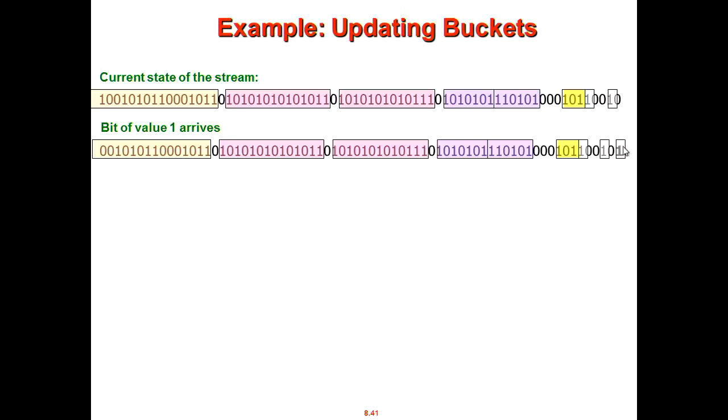But if you create a new bucket, you can see that there are 3 buckets containing only 1, right? According to this algorithm, you can only maintain at most 2 buckets for the same number of ones. So you need to merge the older 2 ones.